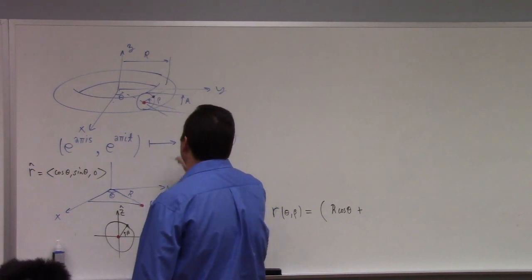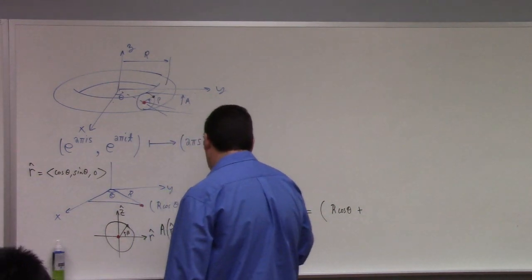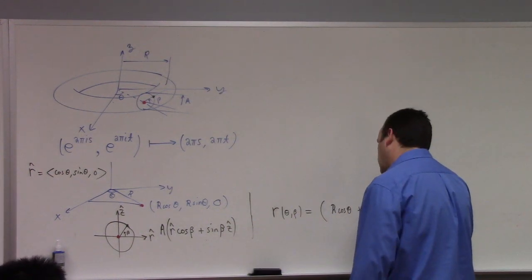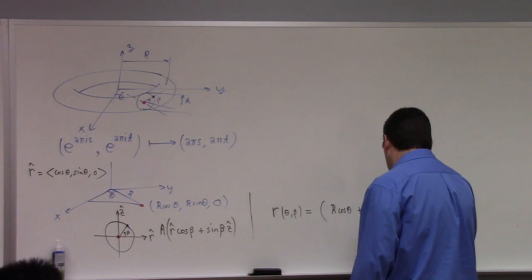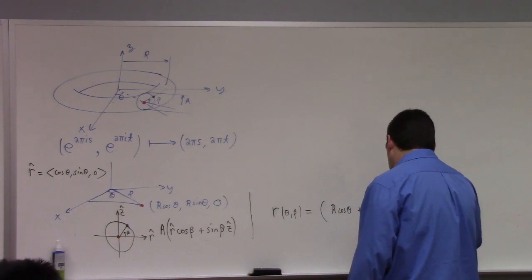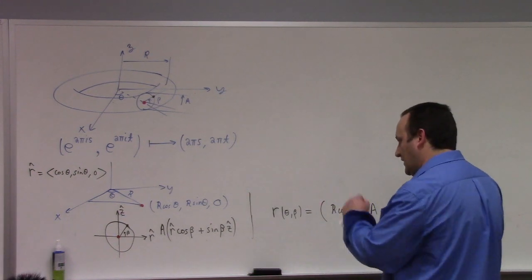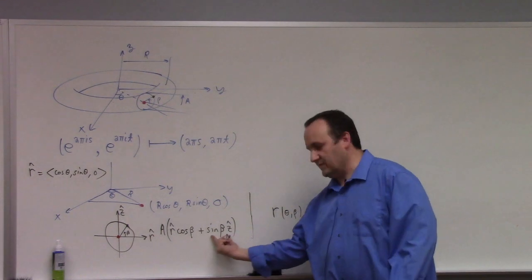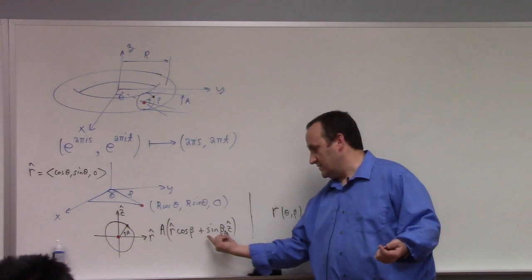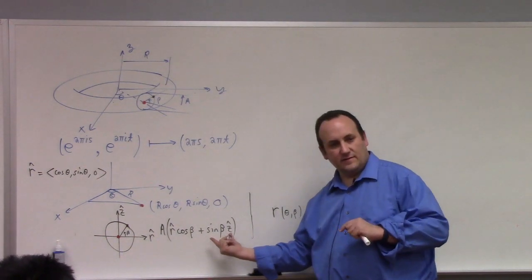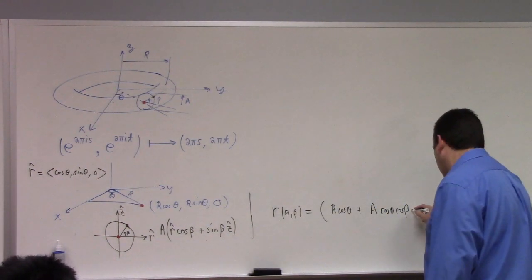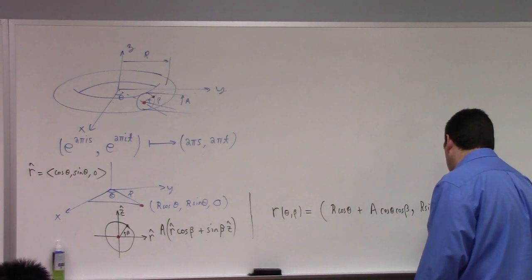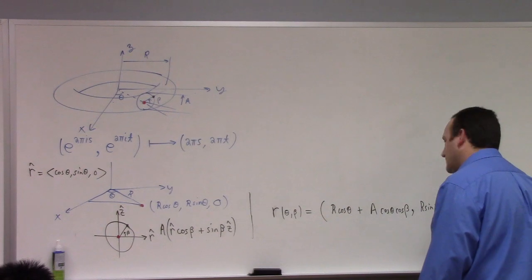I need an A, because that's how big that circle is. So r cosine theta plus A cosine theta, cosine beta. That gets me the x. Oh yeah, because this is z hat. Doesn't interfere. It's got nothing to say about x. And then, comma, what's the y? R sine theta plus a, how's it go? Sine theta.